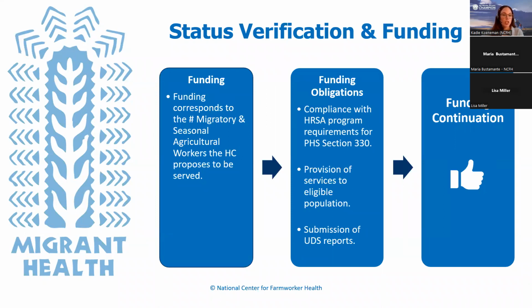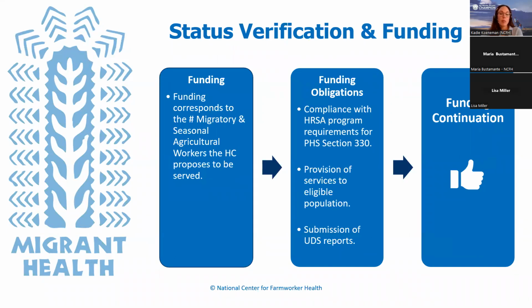So what's the relationship between status verification and funding? When health centers apply for funding, they will mention in their grant applications the number of migratory and seasonal agricultural workers they are planning to serve. If they receive the grant funding, they also acquire several obligations. Among those obligations are to be in compliance with the program requirements, to provide services to the target populations, and to submit their UDS reports.